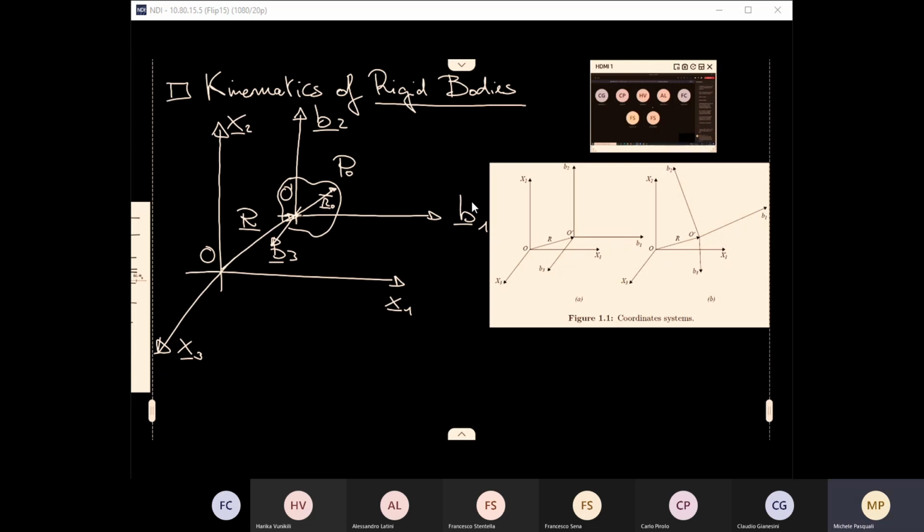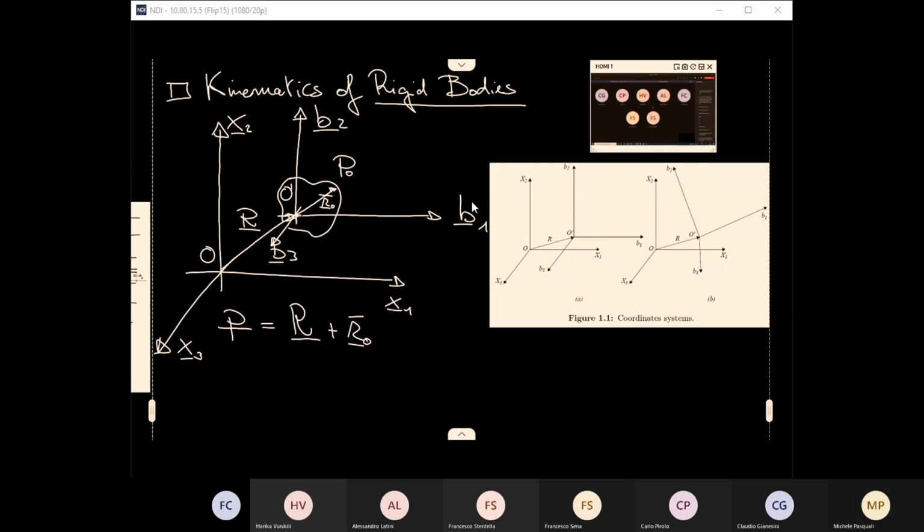It means that the position of point P0 with respect to X1, X2, X3 is R, the position from O to O prime, plus R0. Is this correct? But the components of R0 with an overbar are the same both in B1, B2, B3 and in X1, X2, X3, because they are parallel.